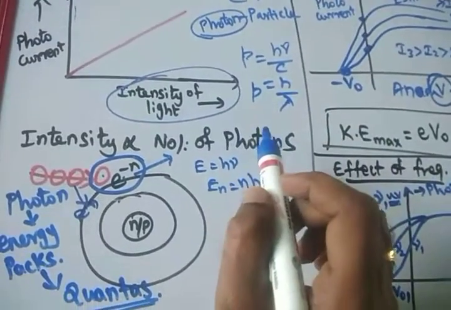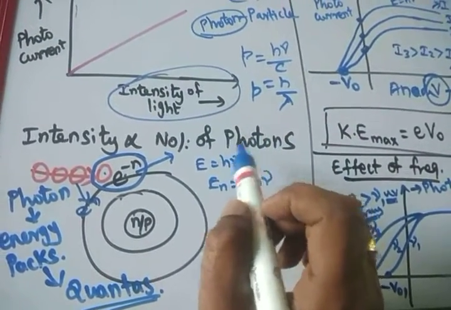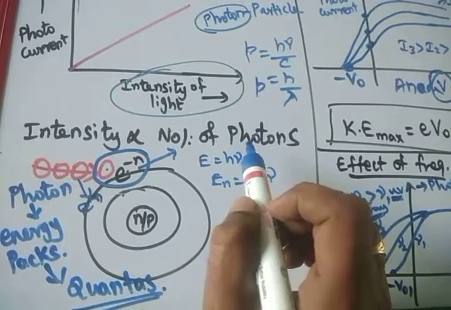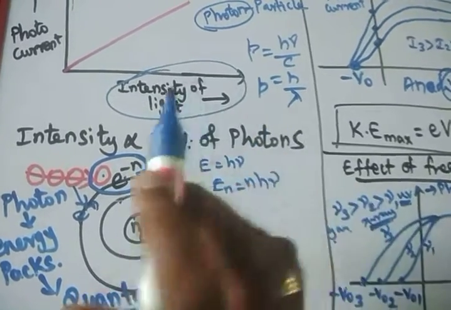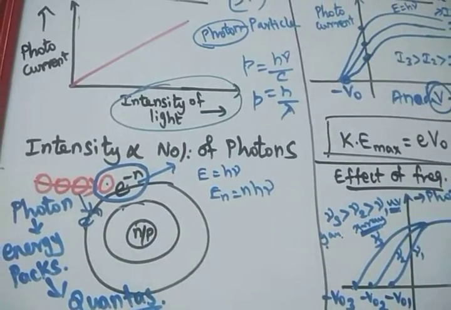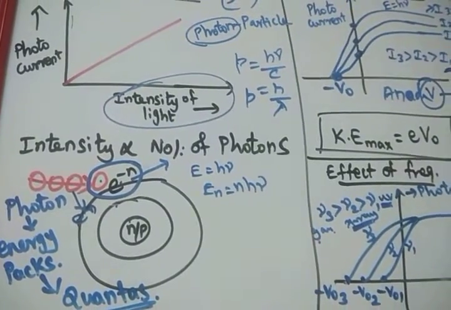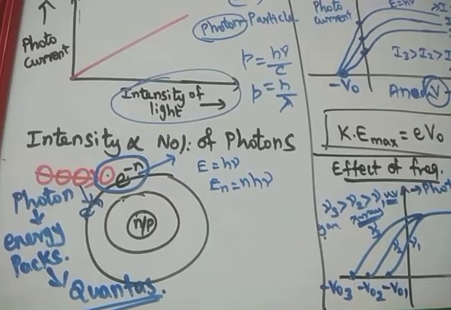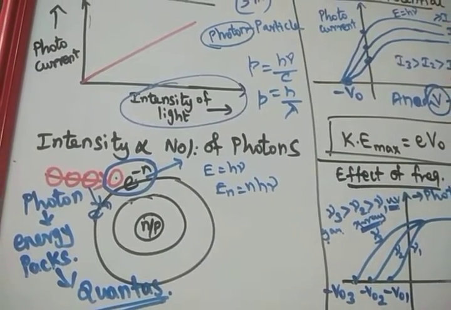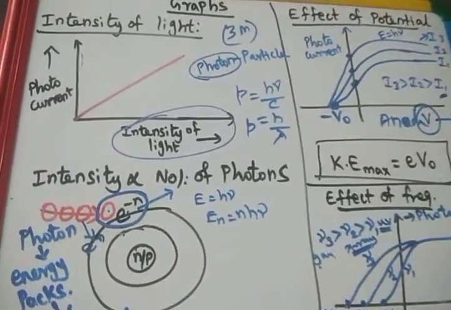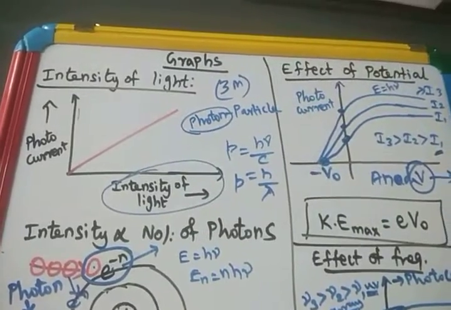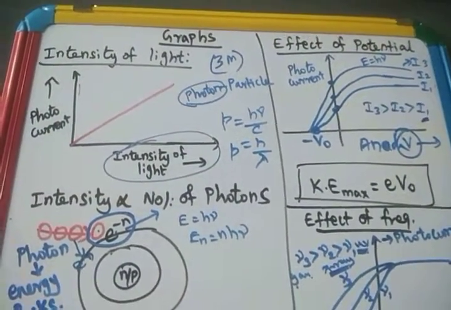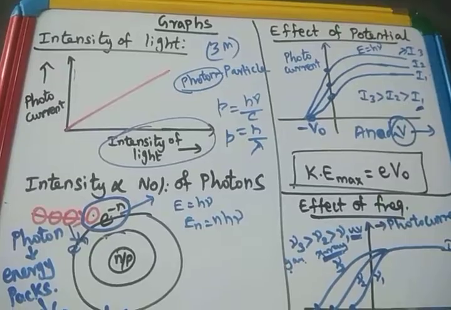This is the momentum of the photon, that is the particle nature of light. The photons are electrically neutral, so they are not deflected by electric and magnetic fields. The photoelectric emission is explained clearly based on the photon concept. So photon is the particle nature of light, and you should know these features of photons also.